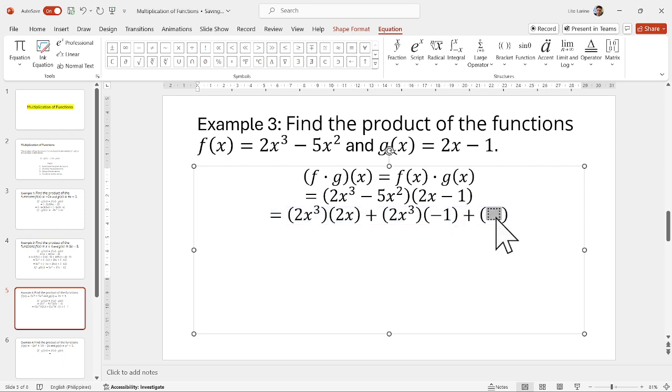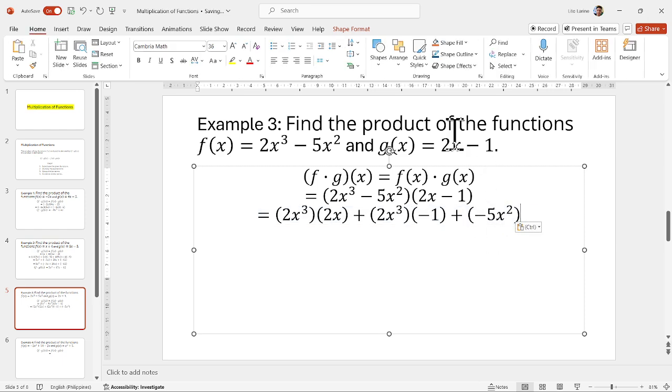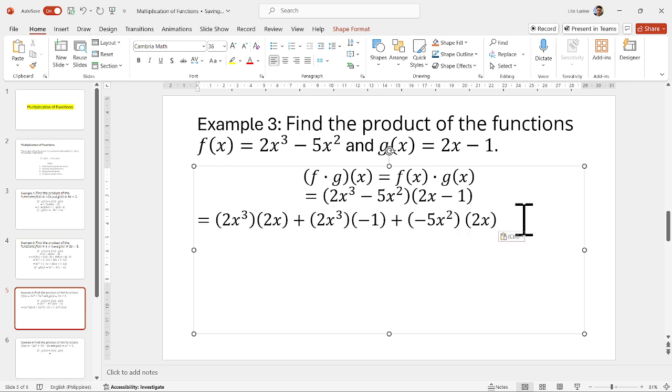Negative 5x squared will be multiplied to each term of the g of x expression, which is 2x. Negative 5x squared times 2x, another plus, negative 5x squared times the second term, which is negative 1.